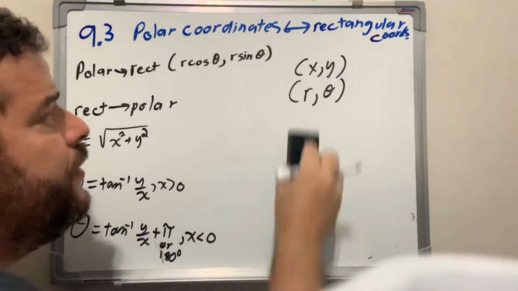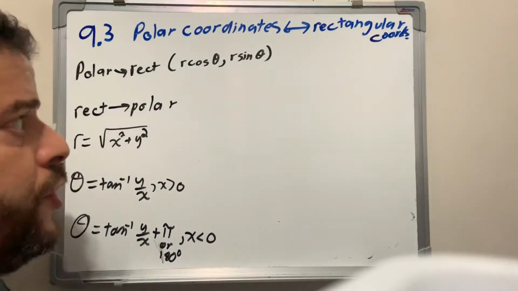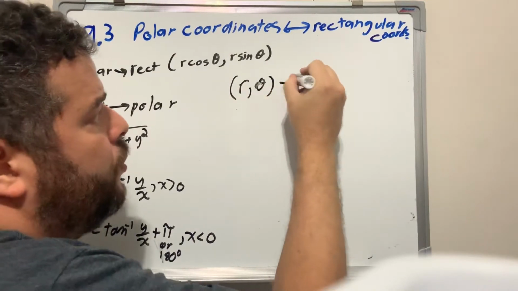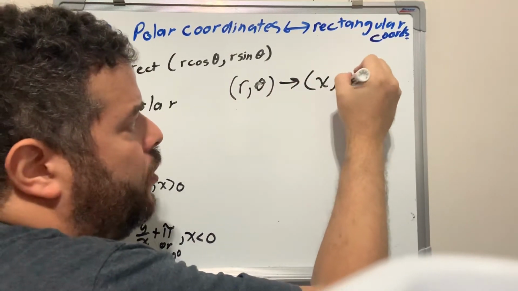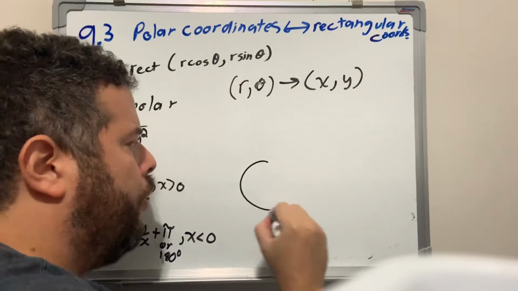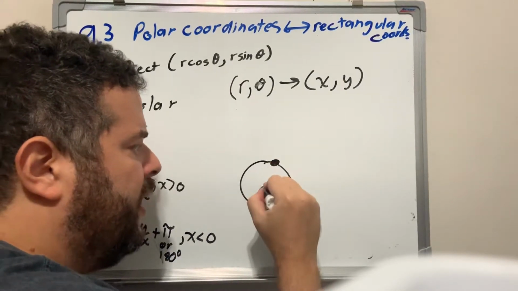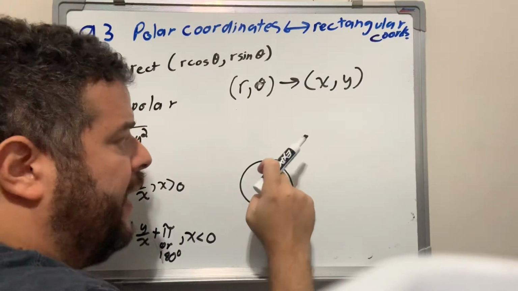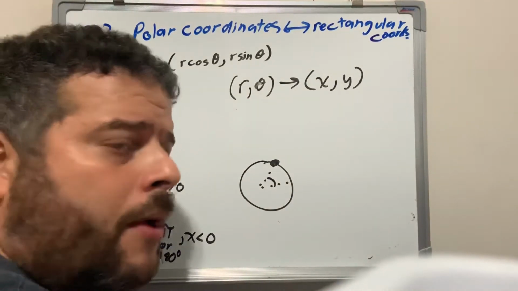Now, to convert a polar coordinate into a rectangular coordinate, it is very simple. Now remember, a polar coordinate pretty much gives me an angle and a distance. Yes or no?